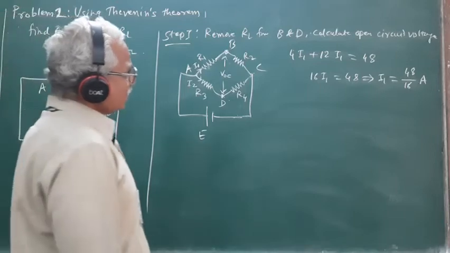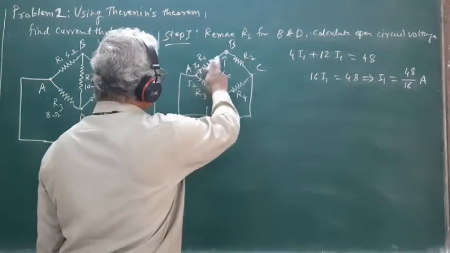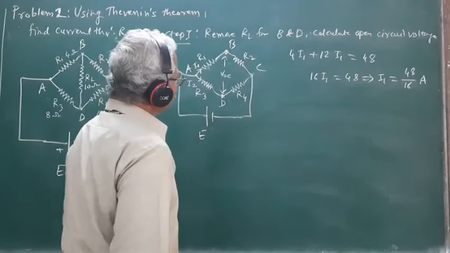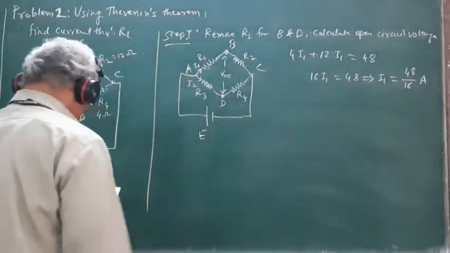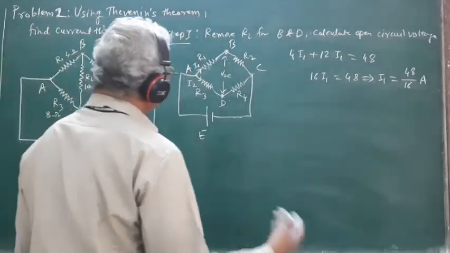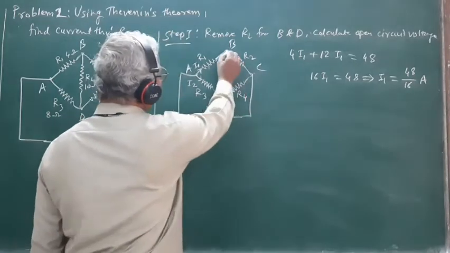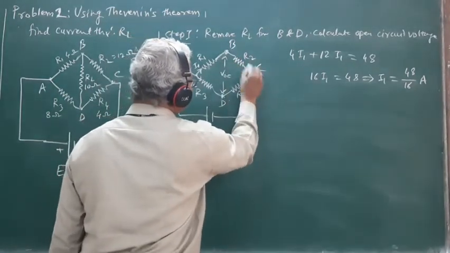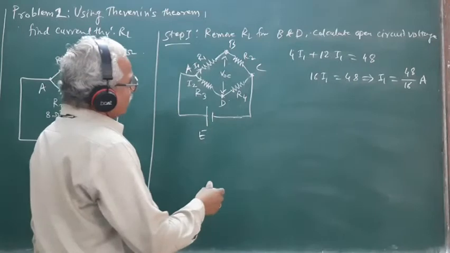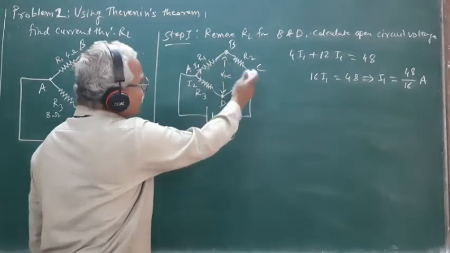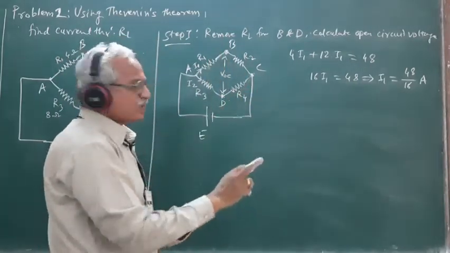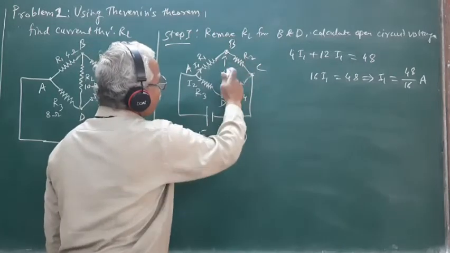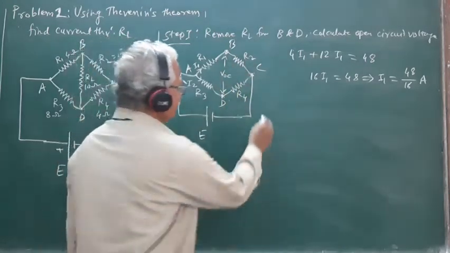So if this is the current flowing through the resistors R1 and R2, then we can calculate the potential of the point B with respect to the point C. This potential of B with respect to C is nothing but the potential drop across the resistor R2.